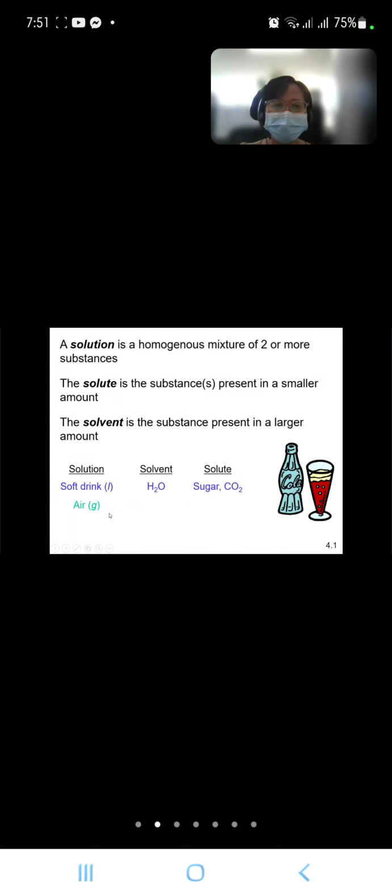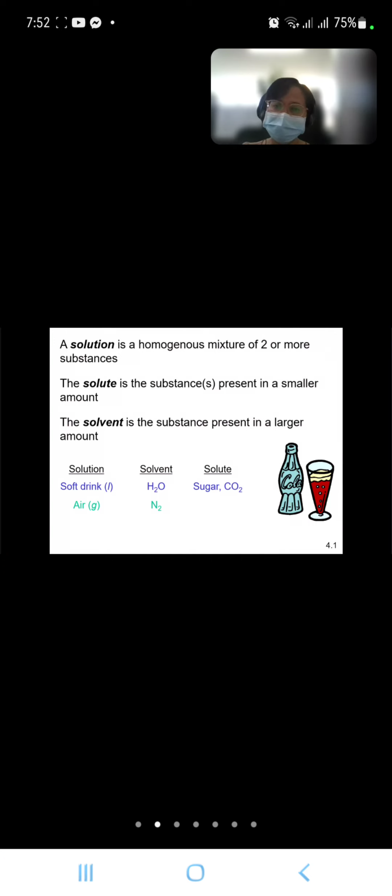Then our air is also a homogeneous mixture, also a solution. And since nitrogen is the major component, in clean air, nitrogen is 78%. And for other gases such as oxygen, it's about 21%.